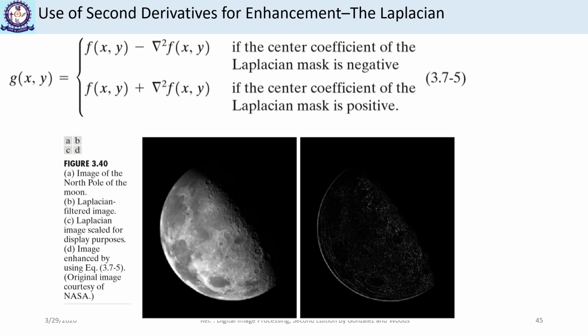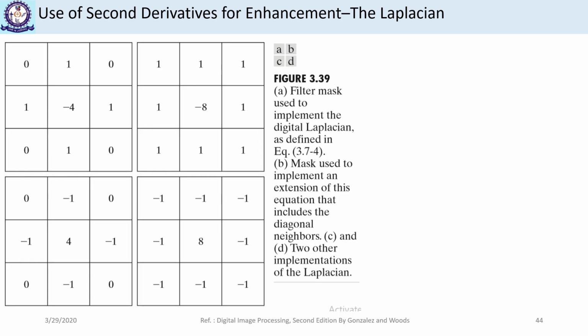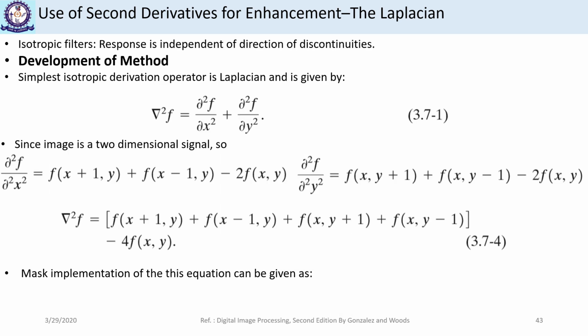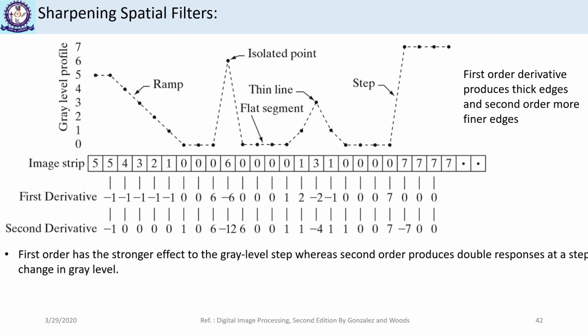Now how do we actually enhance images using the Laplacian filter? What we get out of the Laplacian filter, which is our second order derivative, is fine edges or fine information.